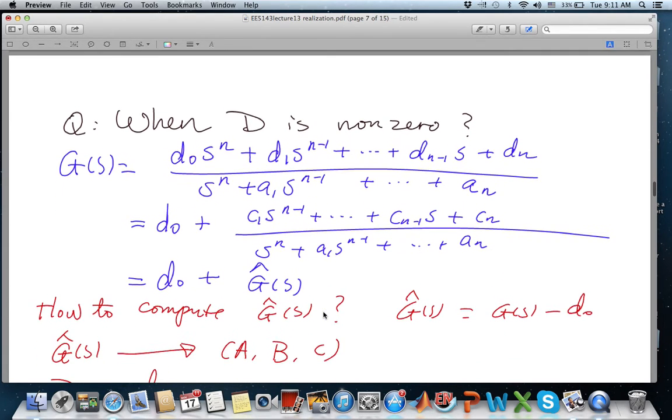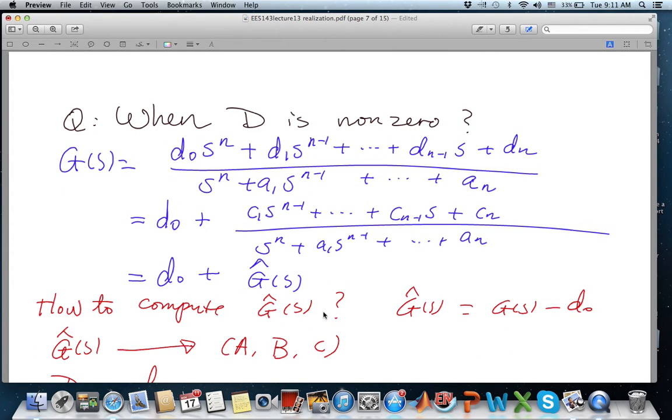Okay, the following question is, previously when we had that transfer function, we always assumed that the degree of the numerator is less than the degree of the denominator. In some special cases, if the degree of the numerator is equal to the degree of the denominator, the D matrix comes out, which is not a zero value.